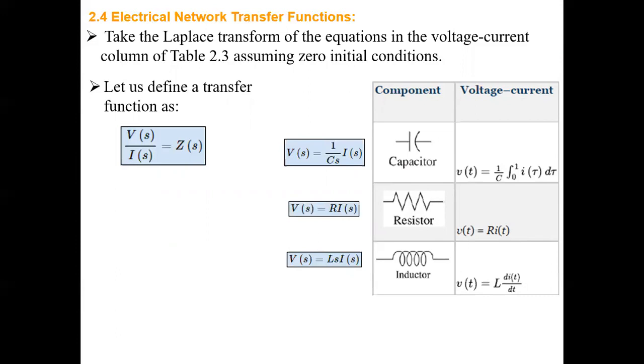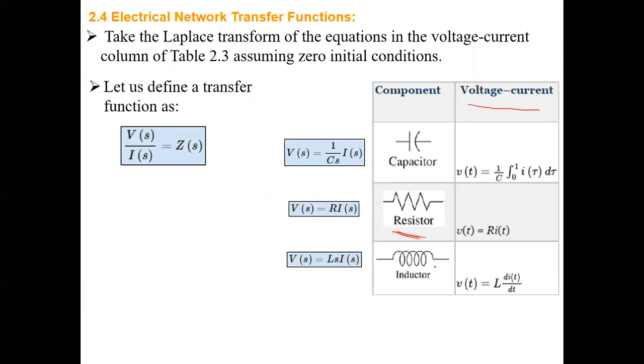All right, before I go to the real problem, let me find the Laplace transform of the voltage current relationship. So in the case of resistor, let me begin from here.